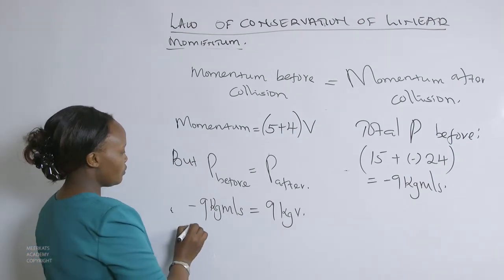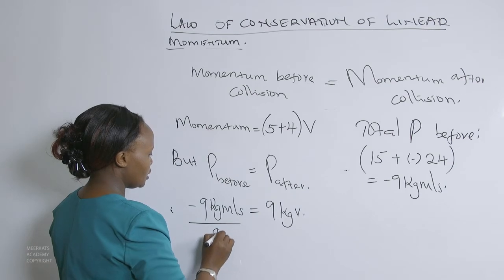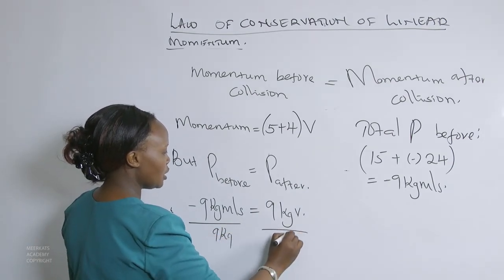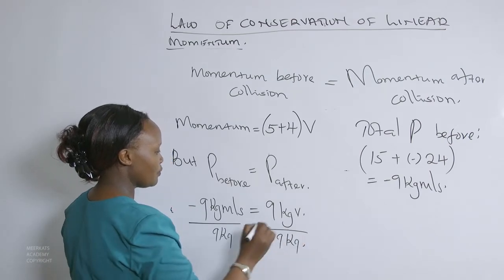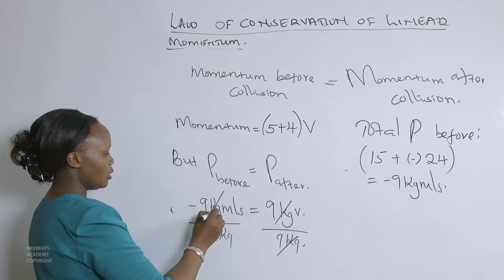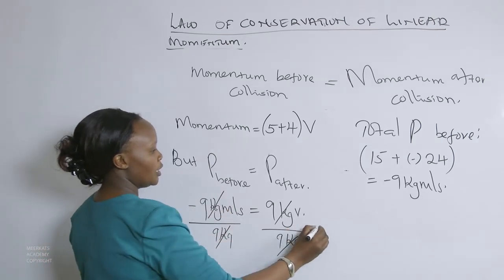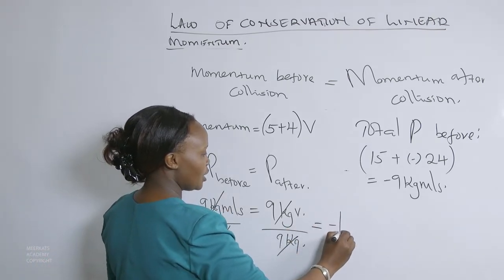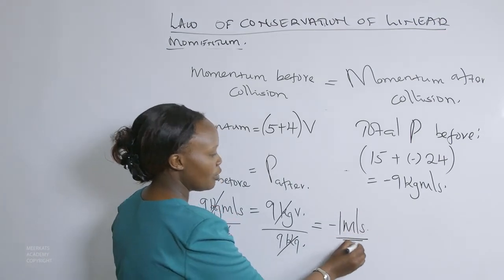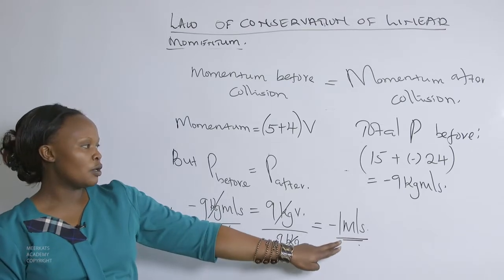Therefore, we divide by 9 kgs on both sides, so that now our velocity becomes -1 meters per second.